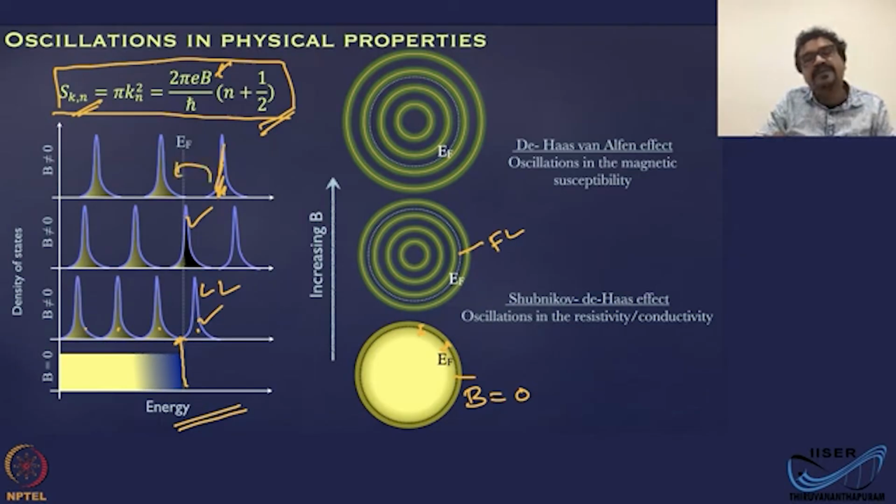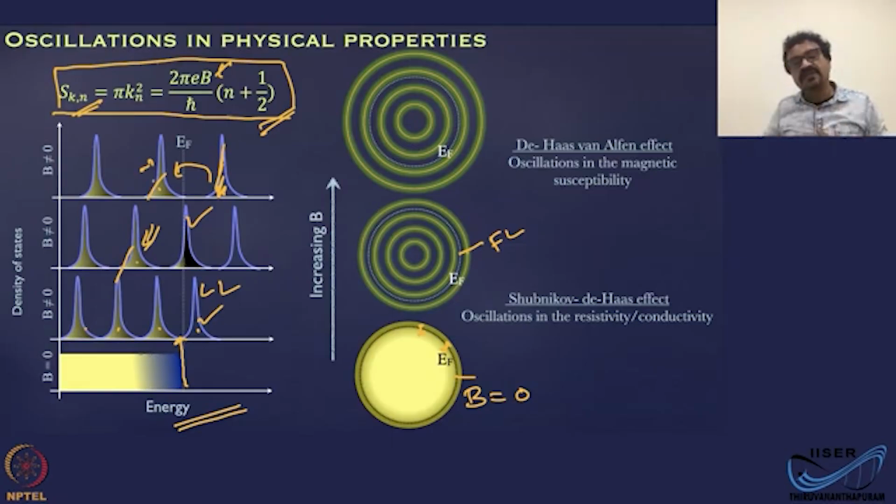It actually can go back here because now there are more states in this case compared to this state, because the area of this Landau level is now more. So the area is actually increasing as we increase the B field. So there are more states or more space for the electrons to jump back from here to here.